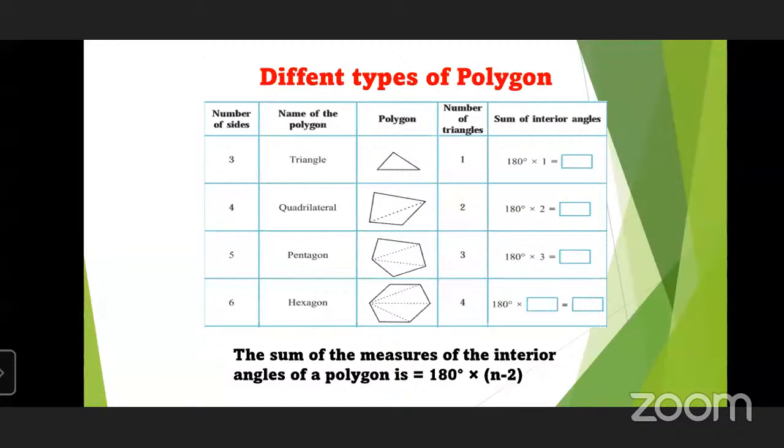Now hexagon, total number of sides is 6. Then we can draw 4 triangles in it, and the sum of interior angles will be 180 degrees multiplied by 4. Let's keep in mind: the sum of the measures of interior angles of a polygon is 180 degrees multiplied by n minus 2, where n is the number of sides.